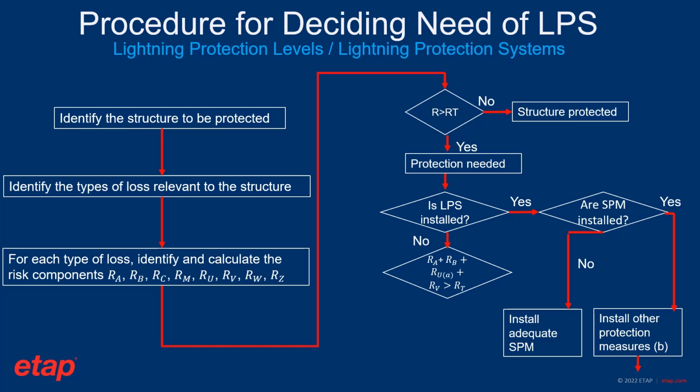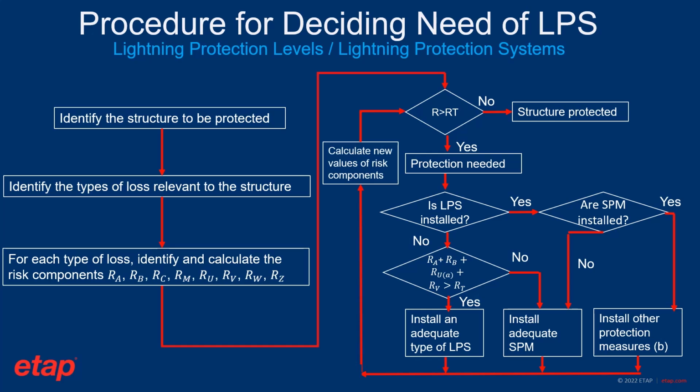So these coefficients add up to make a decision: if the total is greater than the tolerable risk components, then yes, we need another adequate type of lightning protection system. If not, we could have an adequate surge protection mechanism or SPM installed.